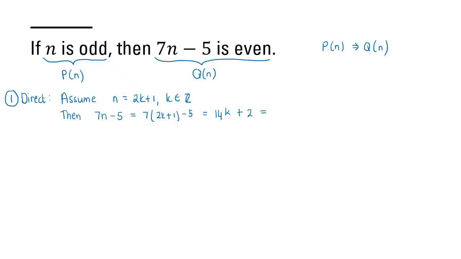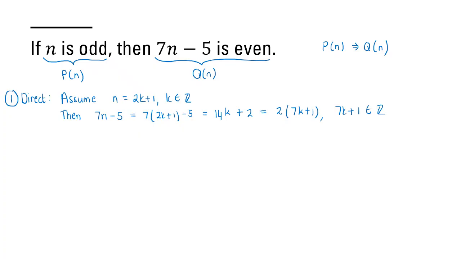What do we want to show? We want to show that this expression is even, so there is a common factor of 2 that we can remove, and what's left has to be an integer. But what is going to be left? We will get 7k plus 1. This is an integer.